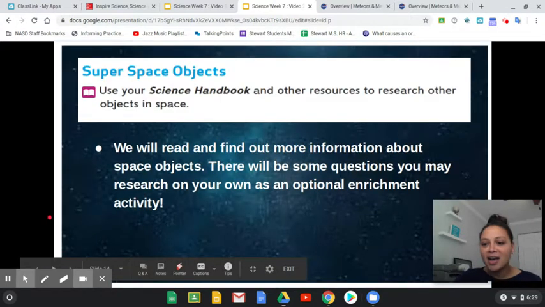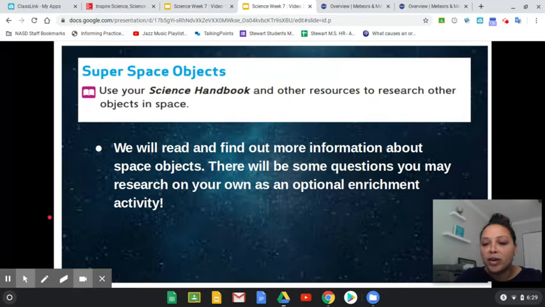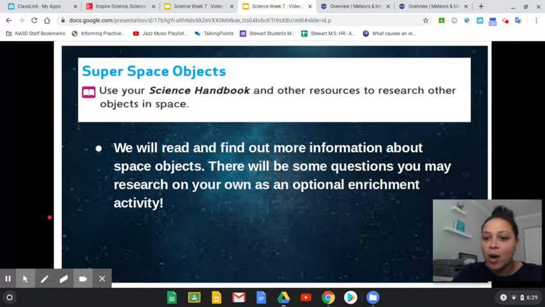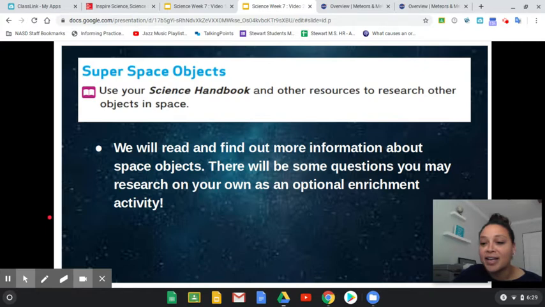All right, we have learned about all the different objects in space. Now we're going to read and find out some more information about these objects. And so, boys and girls, what I did is I included some websites that I found some more information on space objects on.